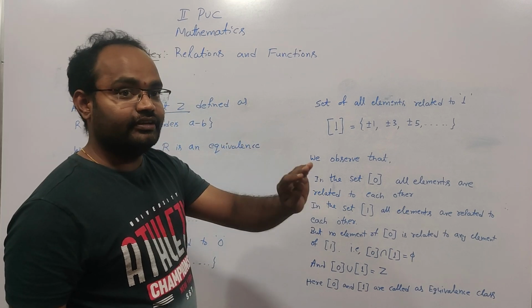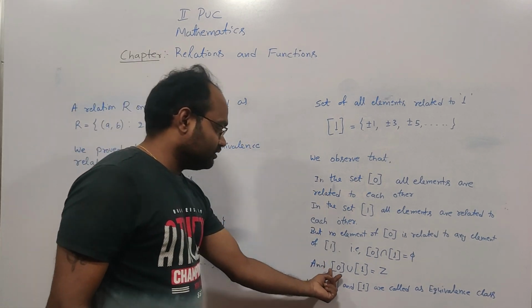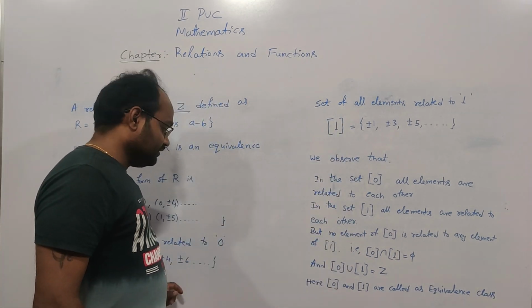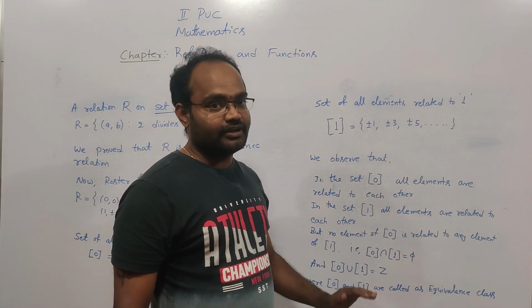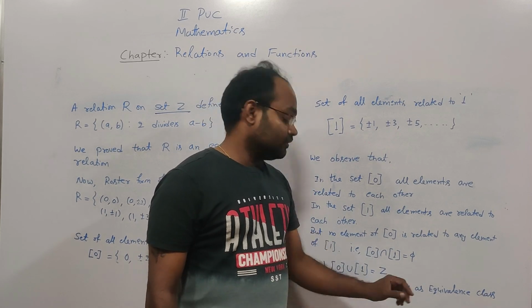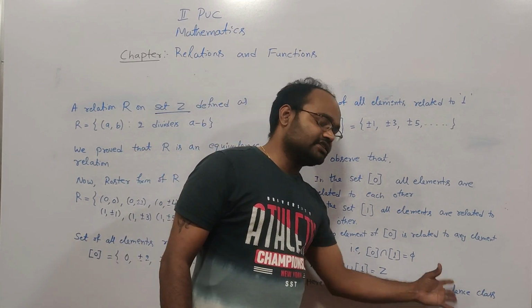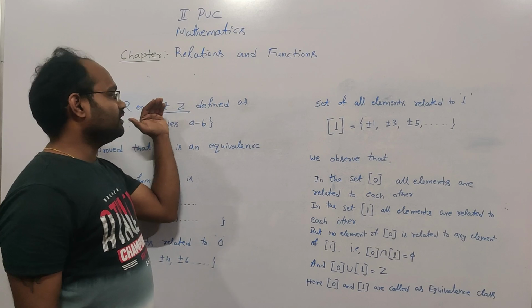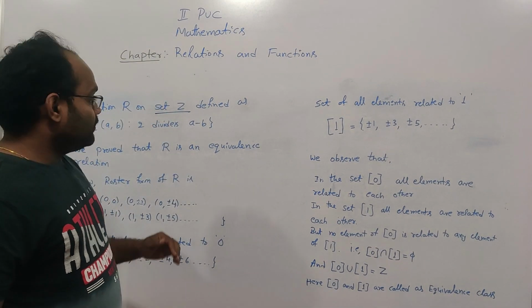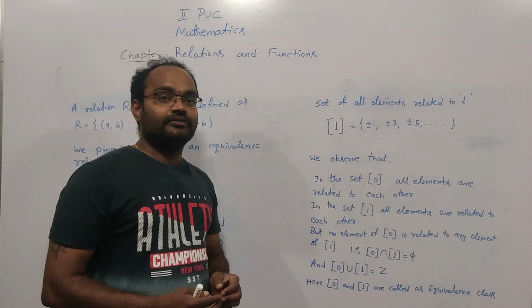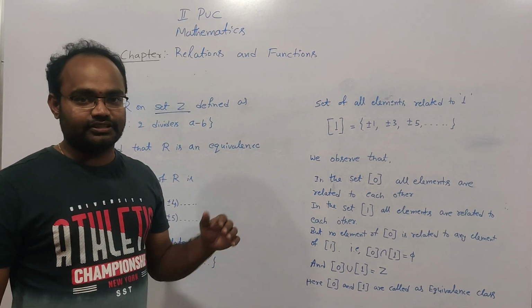If any sets satisfy these three conditions, then we call them equivalence classes. So these two are equivalence classes for this particular relation R. Okay, so similarly, different relations give different equivalence classes.